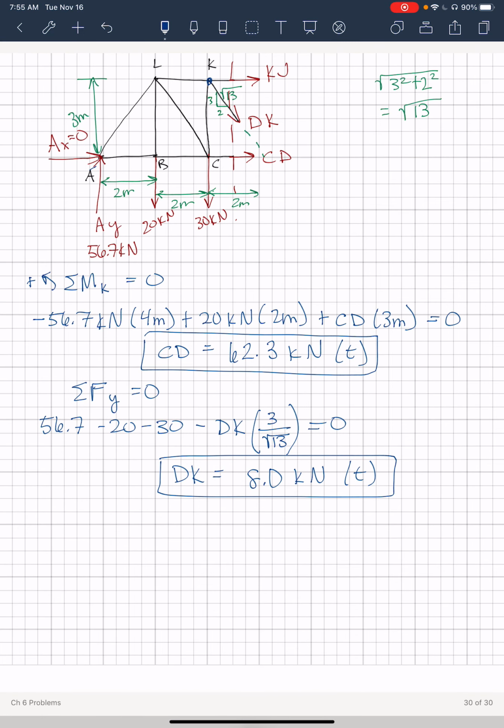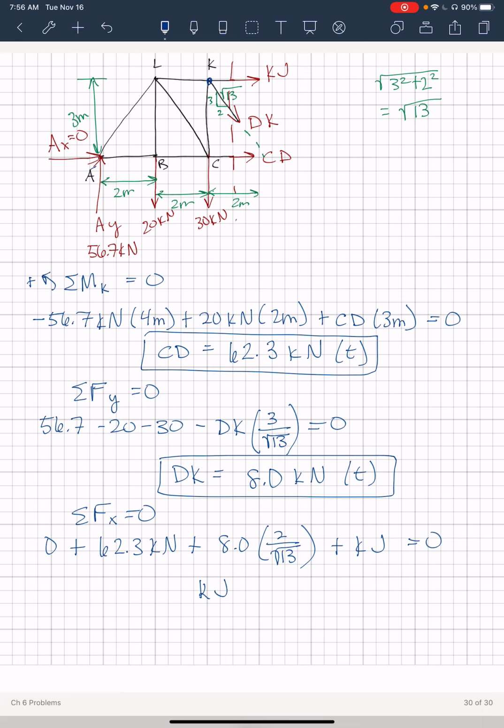And then the last one, we can sum the forces in the x direction equals 0. We have AX, which is just 0, plus CD, which is 62.3 kilonewtons, plus the x component of DK, so plus 8.0 kilonewtons times 2 over the square root of 13, plus KJ equals 0.